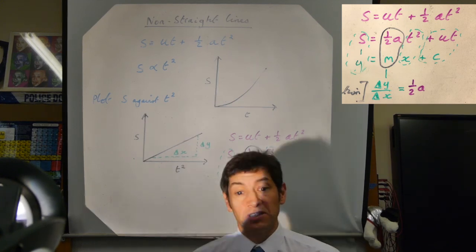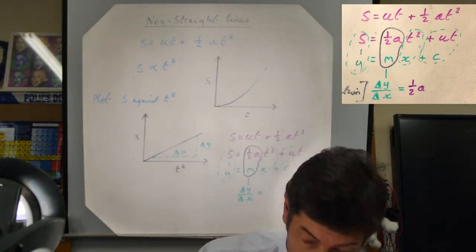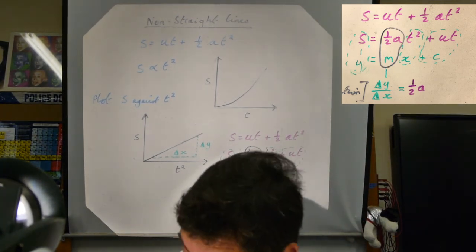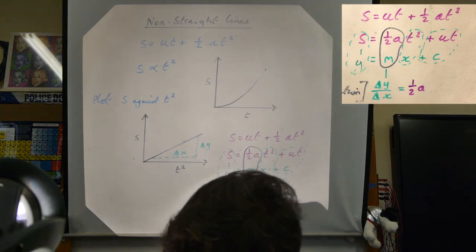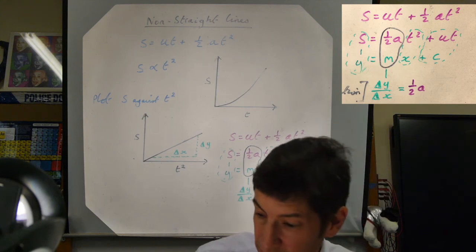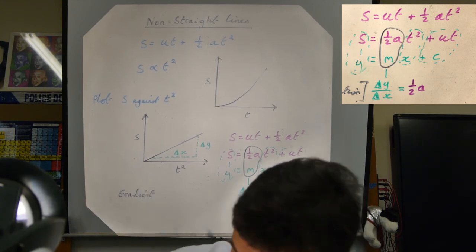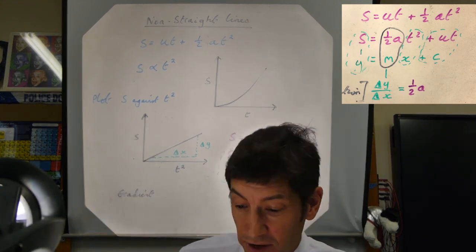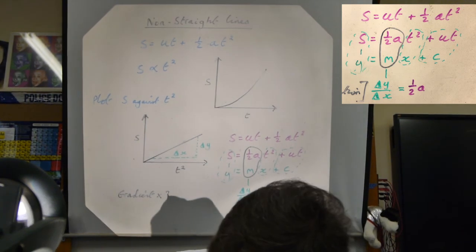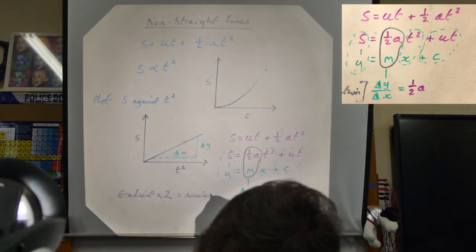An easy mistake to make. And then you'll notice that that all equals the gradient, which is a half a. So clearly here the gradient gives us half the acceleration, so the gradient times 2 will be the acceleration.